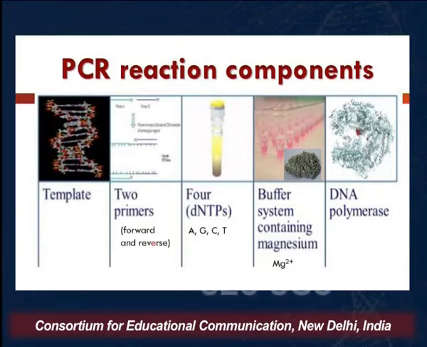So the main reaction component in this PCR reaction is that you need to have a template DNA. That template DNA is what we have been talking about as the genomic DNA, or the total DNA. It can be plasmid DNA, it can be viral DNA, it can be any DNA. In fact, we will see later in our session that it can be RNA also.